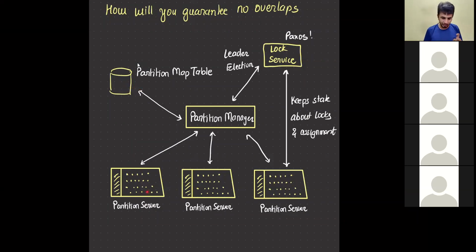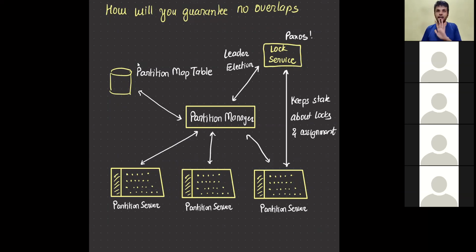Now this partition server also needs to know that it owns this range, so it would need the data and the APIs to have access to that. Then it should know that it is responsible for taking writes for this. So this would use some lock service that would help it acquire a lock.